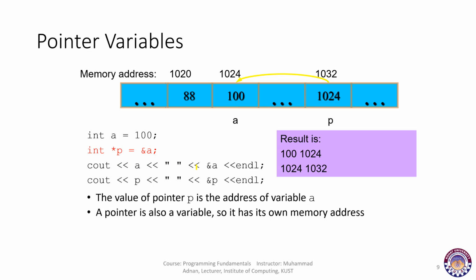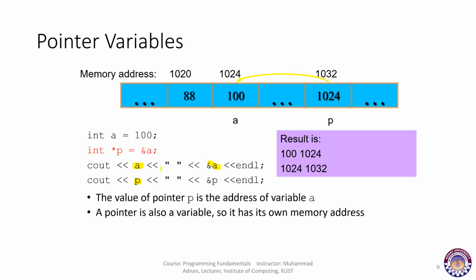So if you print the address of a, you will get 1024. But first we are printing a, you will get 100, and then a space, and then you print the address of a, we get 1024, and then we print p. So what is p? p is the value inside the pointer, which is 1024.